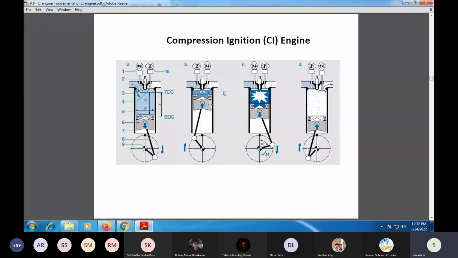The design of the shape of the combustion chamber in the diesel engine is itself a separate research topic: how we can design the combustion chamber so that the motion of the air can transport the fuel from one place to another, so that the fuel can be spread all over the combustion chamber.